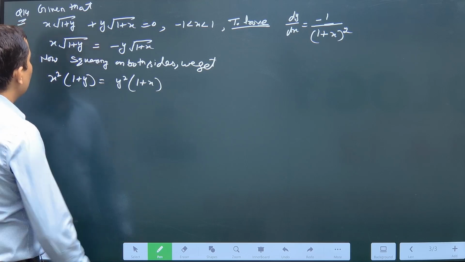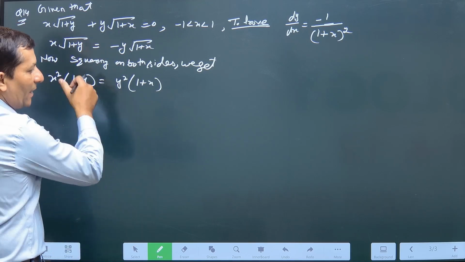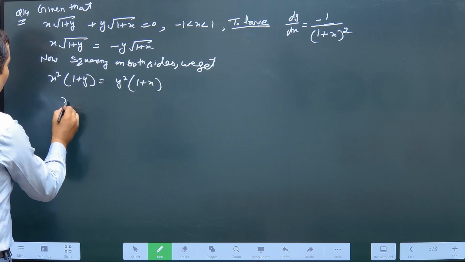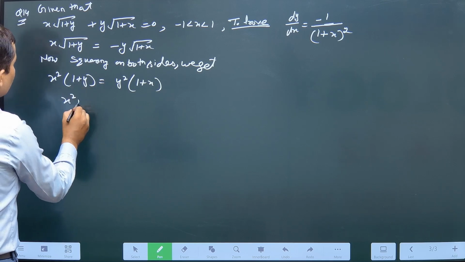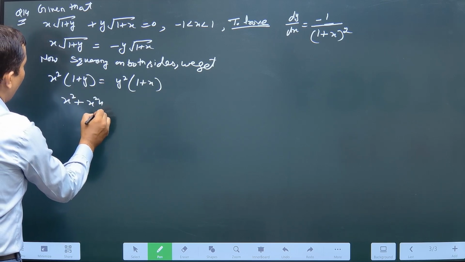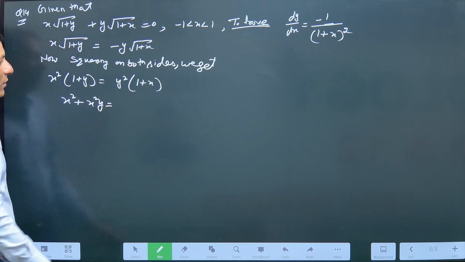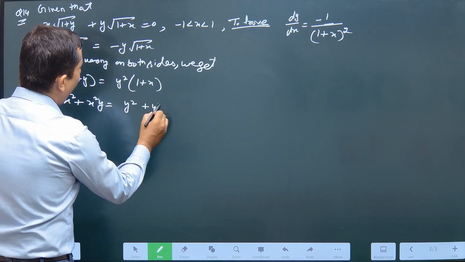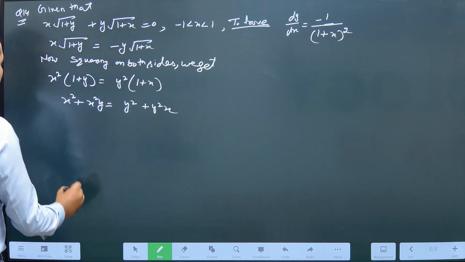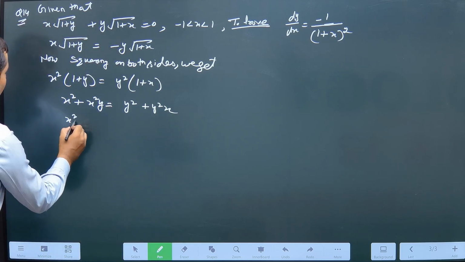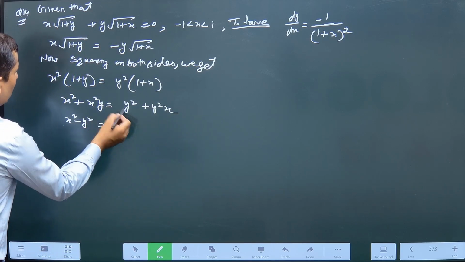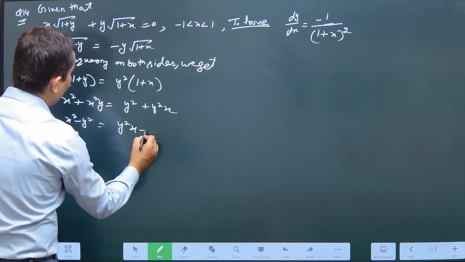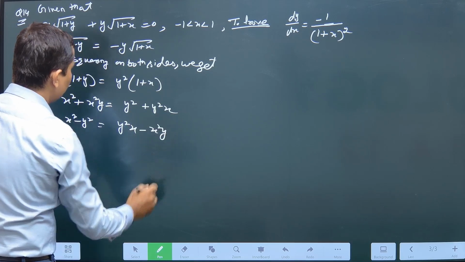Now multiplying on both sides, x square plus x square y is equal to y square plus y square x. Now x square minus y square comes to this side, and y square x comes to this side, x square y.